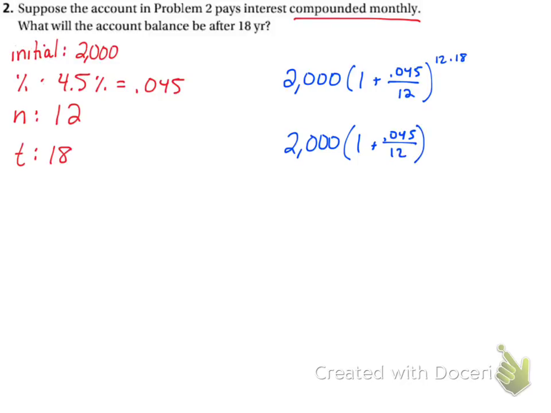And then 12 times 18 gives me 216 in my exponent. So when I plug this in, 2,000 parentheses 1 plus 0.045 divided by 12, and then take it to the power of 216. And so I get $4,489.01.